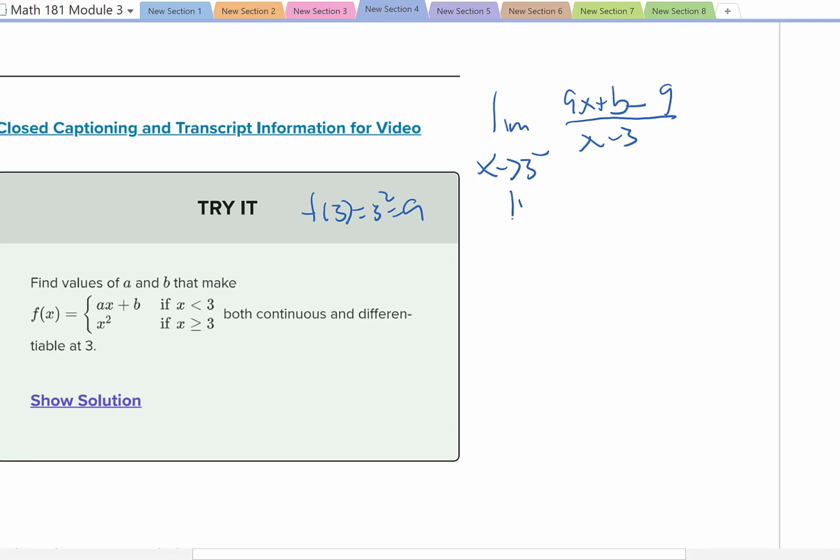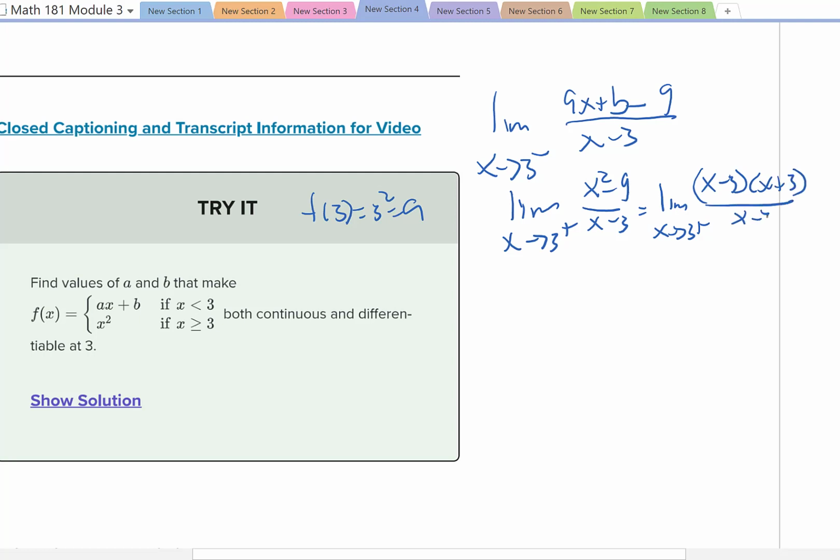And the limit as x approaches 3 from the right side is going to be of x squared minus 9 over x minus 3, which is the limit as x approaches 3 from the right side of (x minus 3) times (x plus 3) over x minus 3. And I think we see that the x minus 3s will divide out, and that's going to give us the limit as x approaches 3 from the right side of just x plus 3.